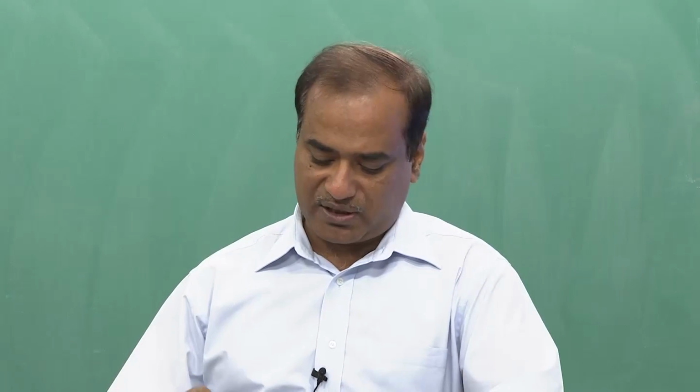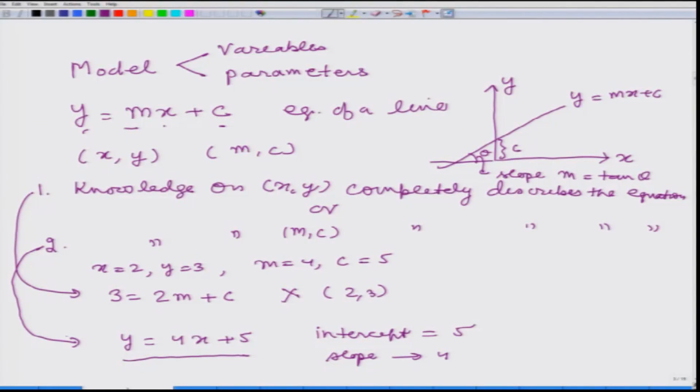So broadly speaking, I have two sets of values, x and y, and m and c. We observe that by knowing the values of m and c, I can determine the complete line, whereas just by knowing the values of x and y, I cannot know the entire line.